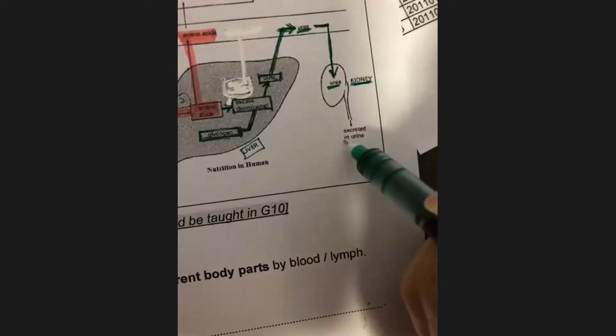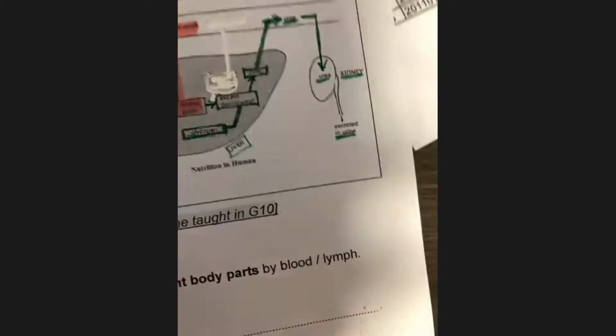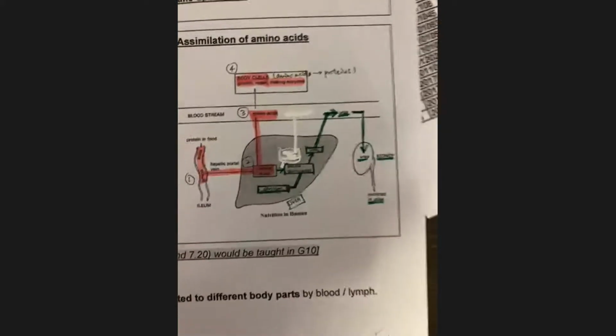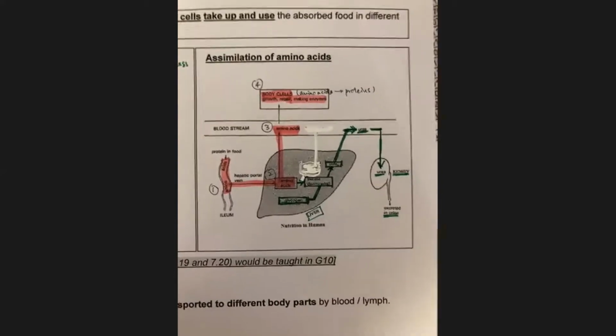And at the kidney, it is excreted in urine. So the green pathway represents how the excess amino acids are dealt with.